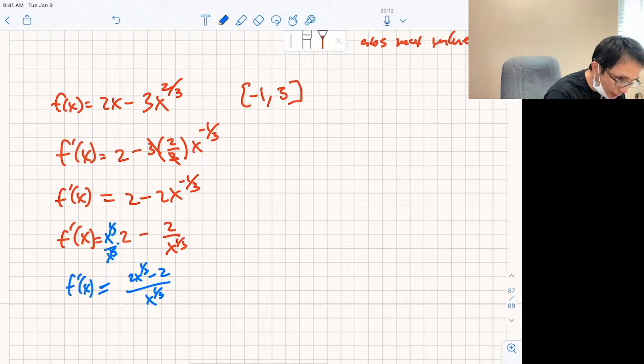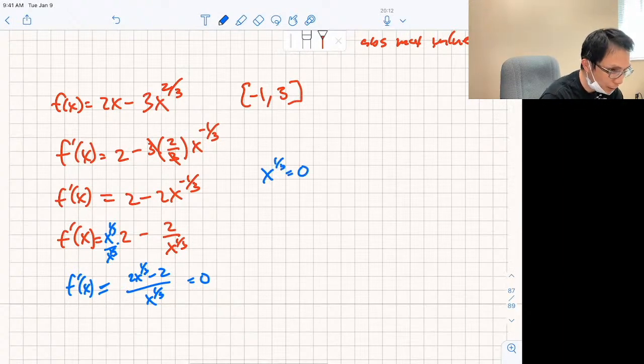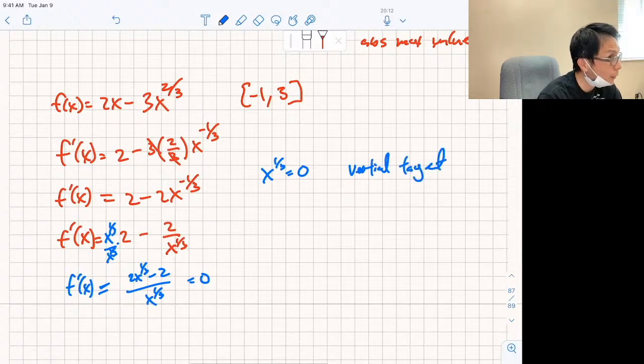Now guess what? It's equal to 0 and also undefined. So when is it undefined? At 0. X to the 1/3 equal to 0 is called a vertical tangent, because when the denominator of a derivative is equal to 0, there is a vertical tangent.